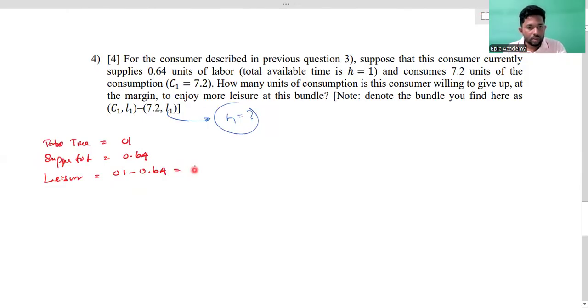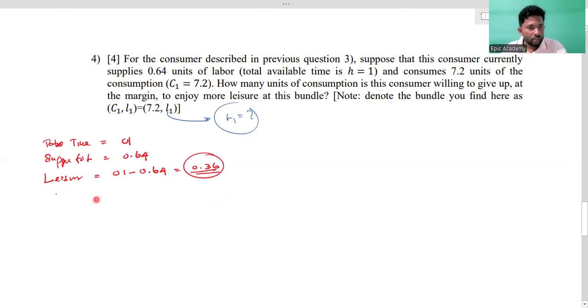It becomes 0.36. Actually, it is not practical, I know that, but you have to continue your calculation according to the given values. This is the leisure time period.